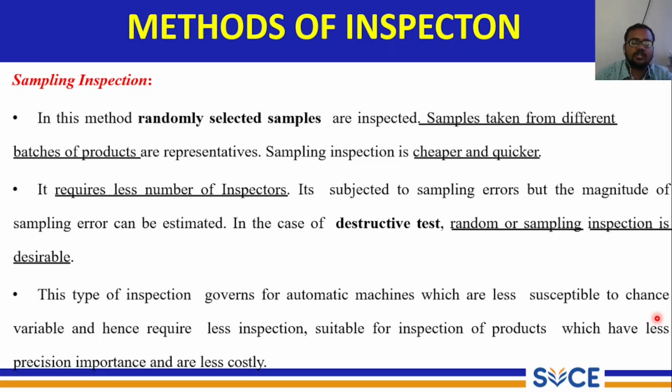It requires fewer inspectors, and more importantly, as I said, it is more applicable to products where there is more possibility of being destroyed, which means the product may break or fail during the inspection, right? So that is where, in case of a destructive test, you have to go for sampling inspection because the product will undergo deformation.